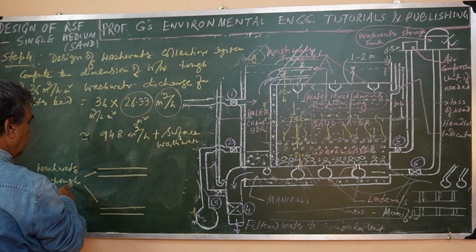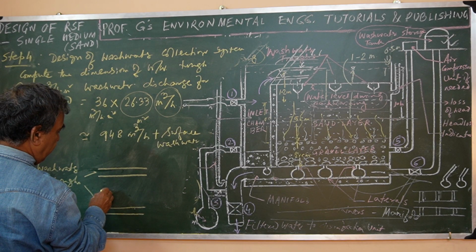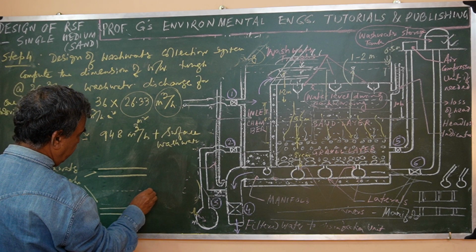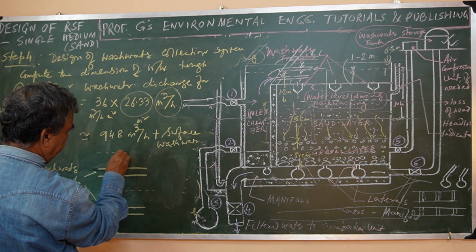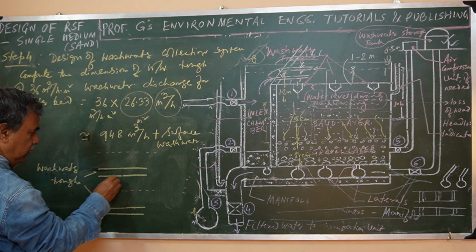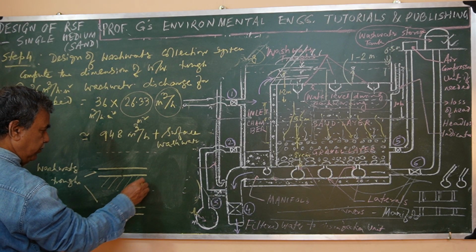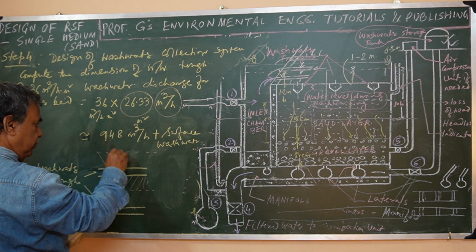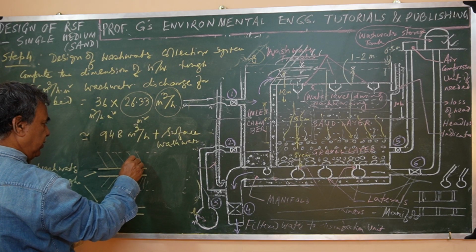Okay, so these troughs, if we make it like that, half of that will be collected from this area for each one, right?